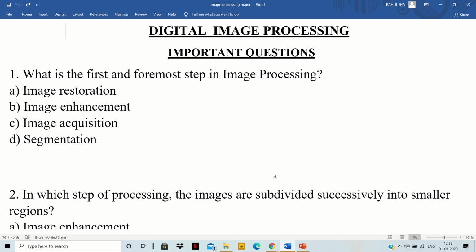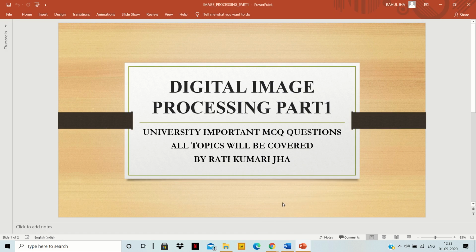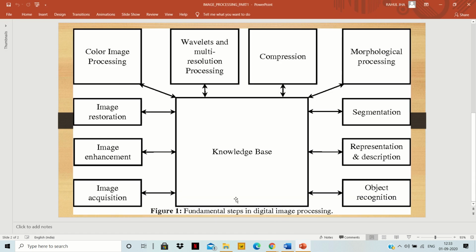So the question is, what are the steps in image processing? I'll show you the basic steps which we use in image processing. The first step is image acquisition.